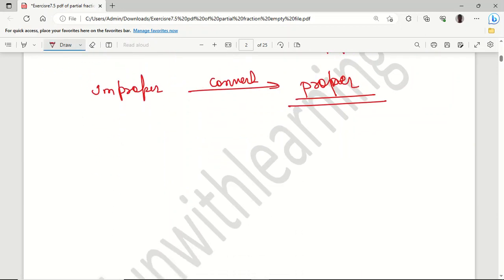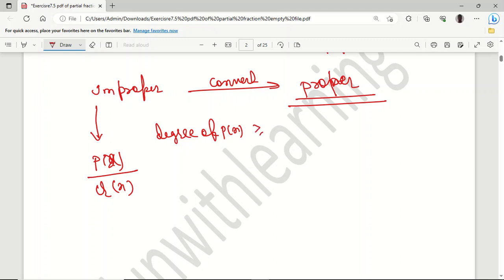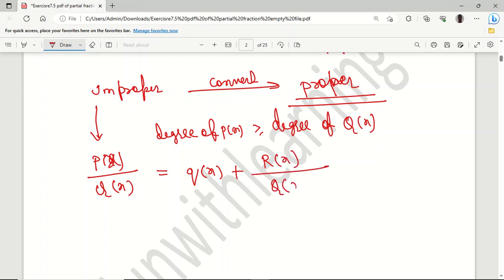Now let's consider an improper rational function, p(x) upon q(x). Here the degree of p(x) is greater than or equal to the degree of q(x). We are watching how we can convert an improper function into a proper rational function. Since the degree of p(x) is greater, we can divide p(x) by q(x), and we'll get a quotient plus r(x) upon q(x), where r(x) is the remainder.